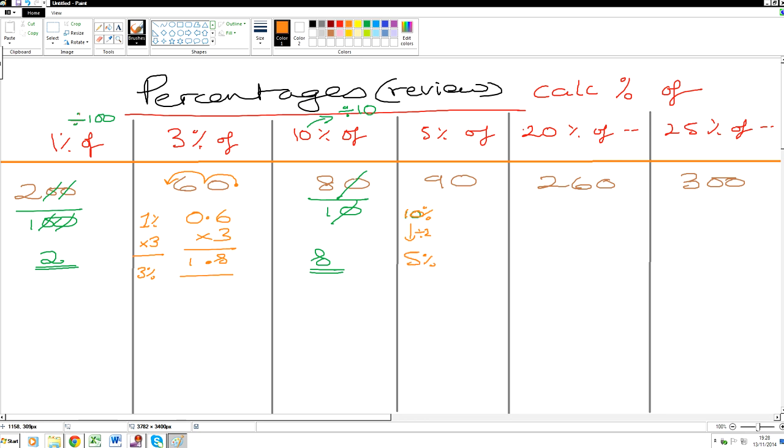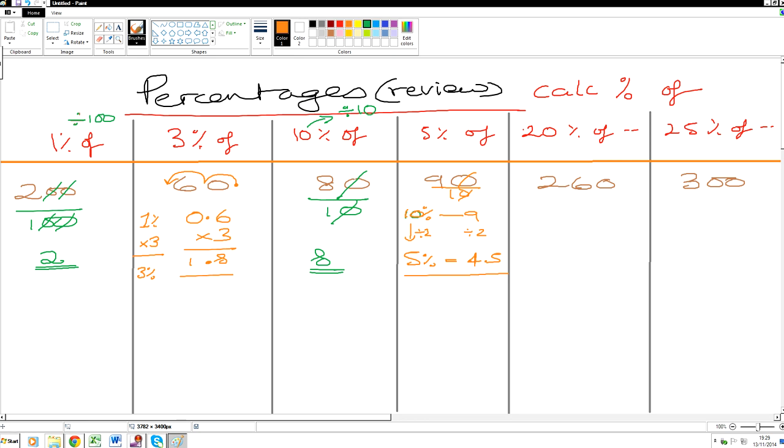So 10%, 90 divided by 10 is equal to 9. And then 9 divided by 2 will give us 4.5. That's the answer.